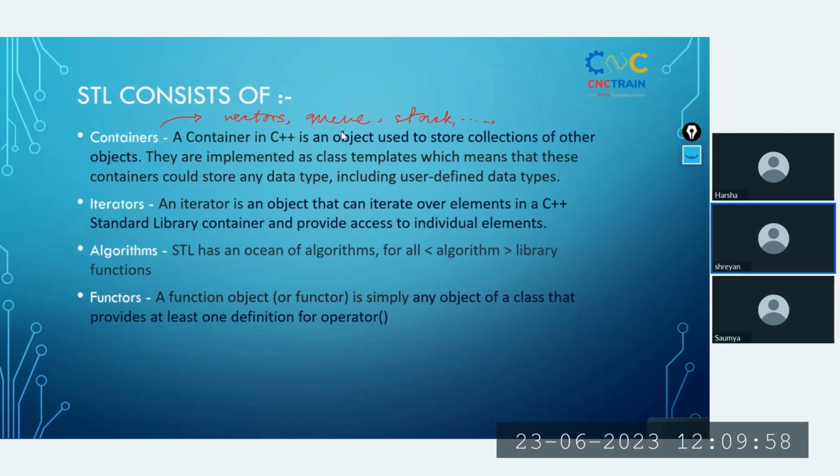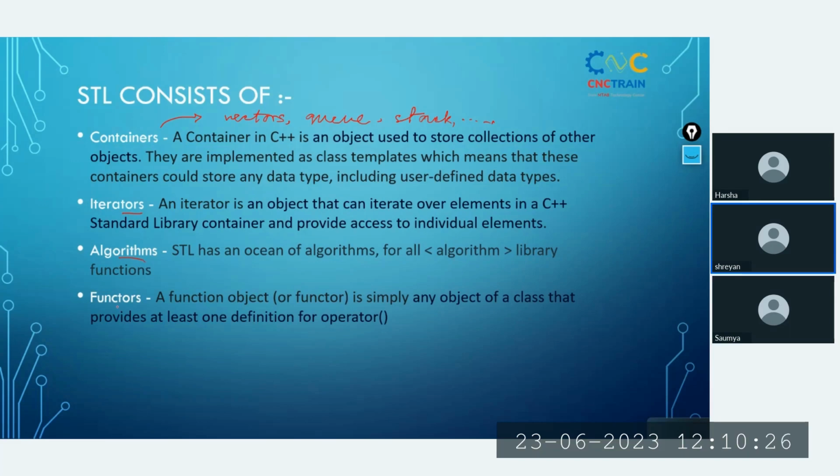And so what are iterators? Iterators are similar to pointers in C, so that we can iterate over the elements in a vector or in a queue or in a stack. So iterators just point to one of the elements in any of the containers. And algorithms, an ocean of algorithms are there in STL, and we will see how algorithms work in the next slides.